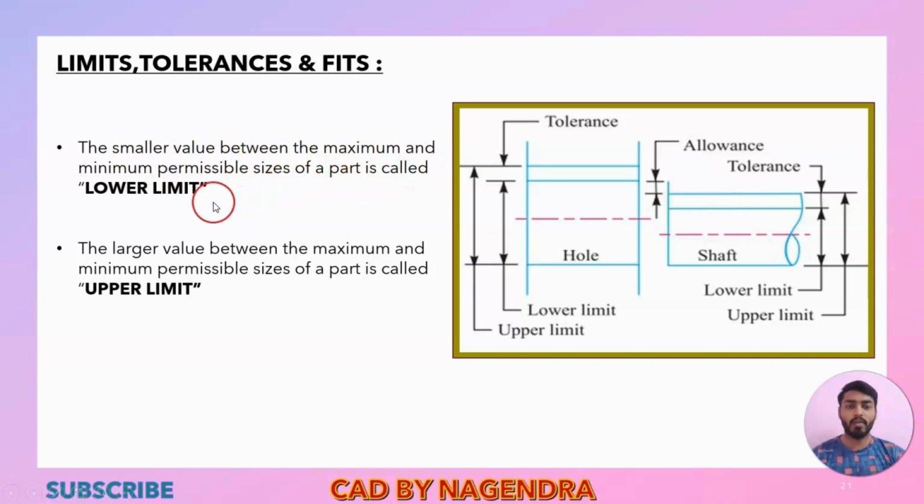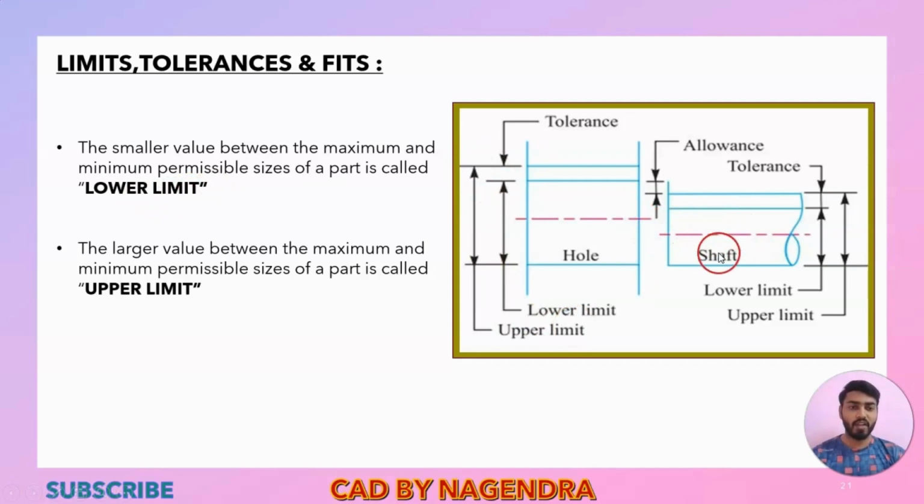So usually we will specify with limits. The dimension from this to this, some dimension will be there, again from this to this will be having more dimension. Whatever smaller value we are having, that is the minimum value, we call it the lower limit, and the maximum value we call the upper limit.